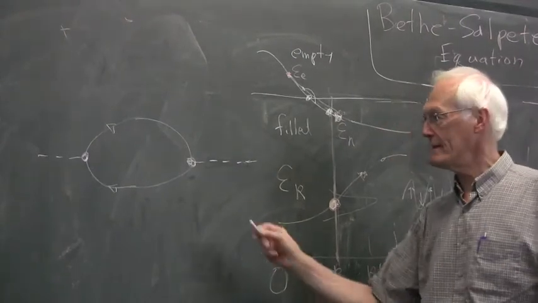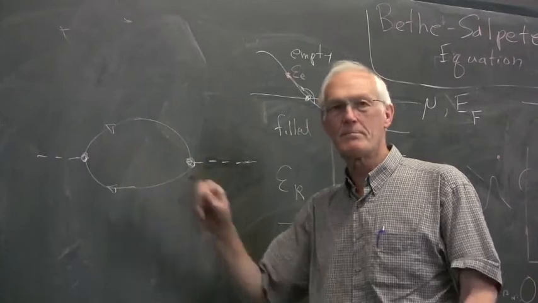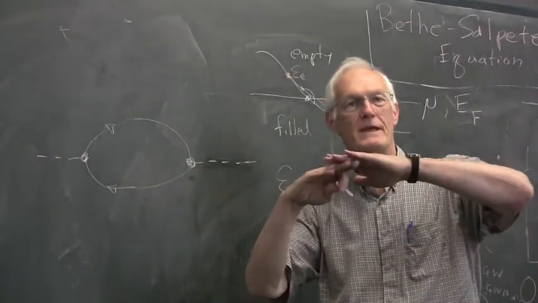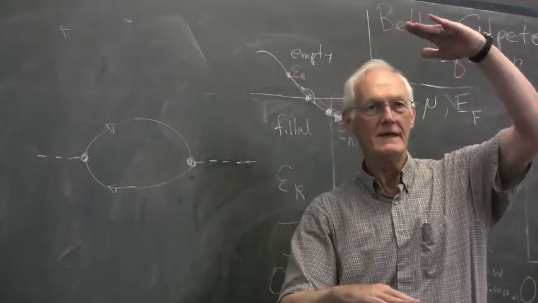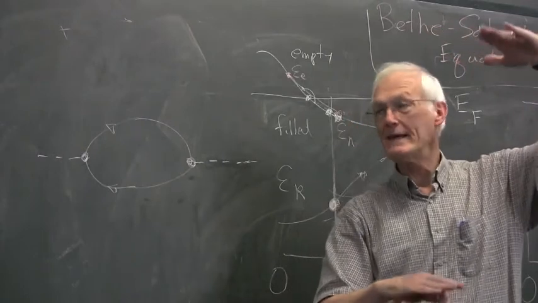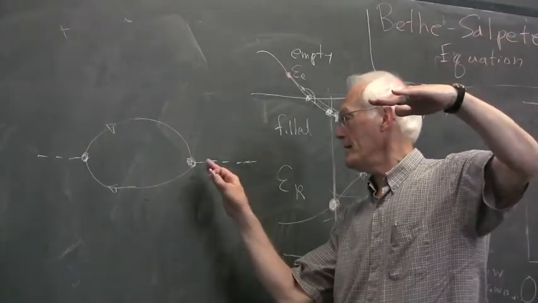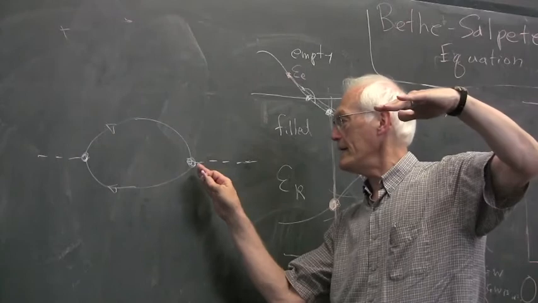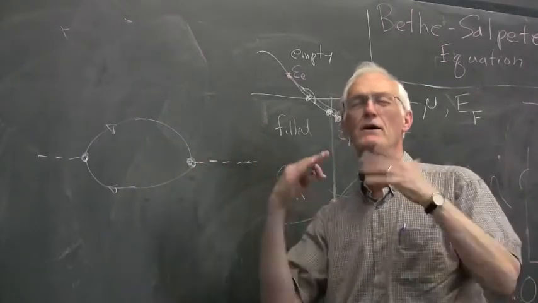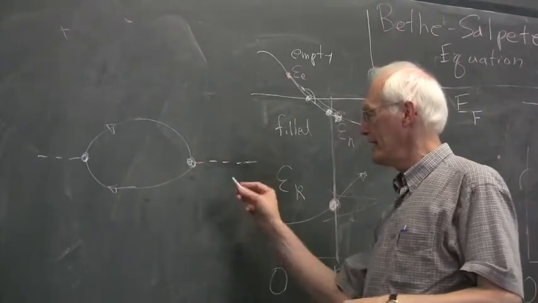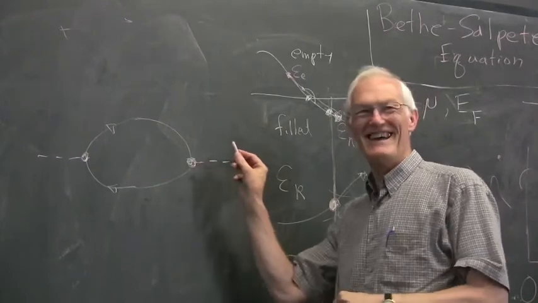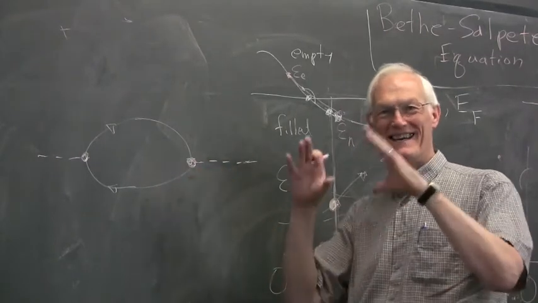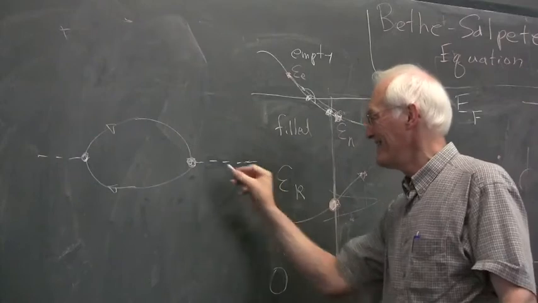Another way to say it is that the field causes excitation of particles. And another way to say it is that the way you tell whether the particles are excited or not is you look and you destroy them by checking if they're still there.